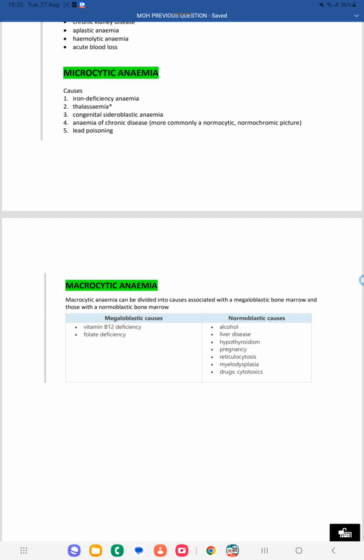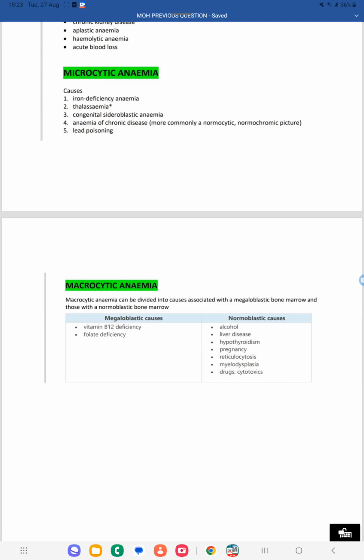In normoblastic, you will be getting normoblasts, plus increased RBC cell size. Like whatever the normoblast which has appeared in the blood, that will have increased size. In megaloblastic you will be getting proper RBC cells, but whatever the RBC cell is formed will have increased size. Okay, that is the difference between these two conditions.